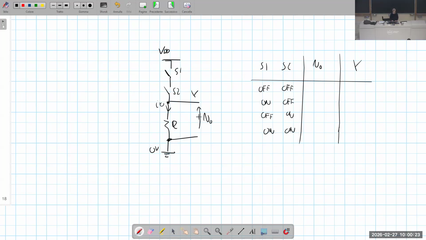Then the voltage across R by Ohm's law is VO equal to R times I, and if I is 0, VO is also 0. So VO is 0, and this corresponds to a logical low value. If we have that S1 is on and S2 is off, something like this, what about VO?